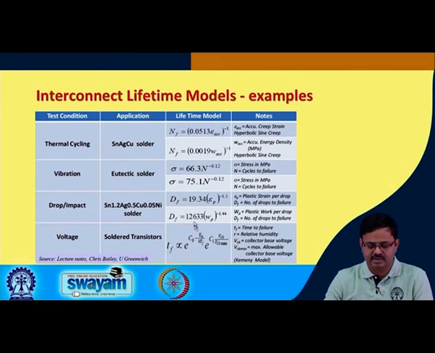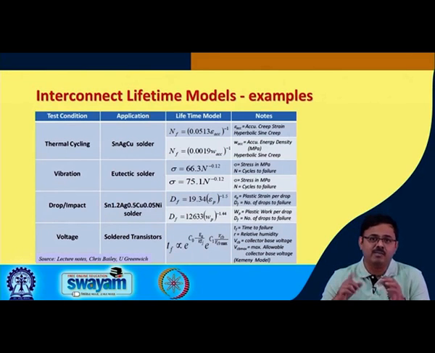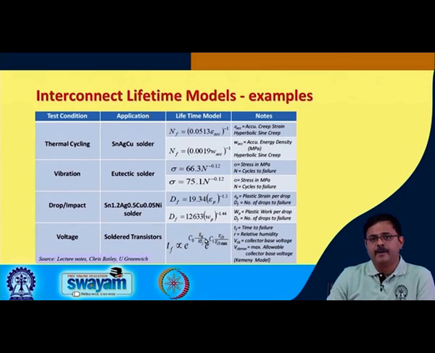For drop impact and voltage, especially under components like transistors, if you apply much higher voltage, with repeated rise and drop, making it undergo voltage cycling, this is the two variable model that we talked about in the last lecture. Here the two variables can be temperature, or relative humidity, and it can be the voltage.